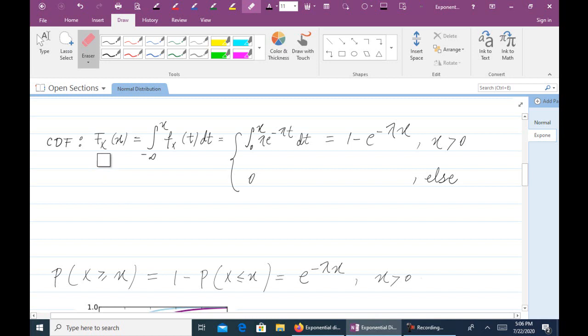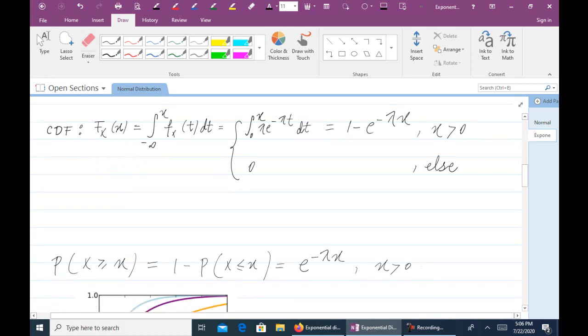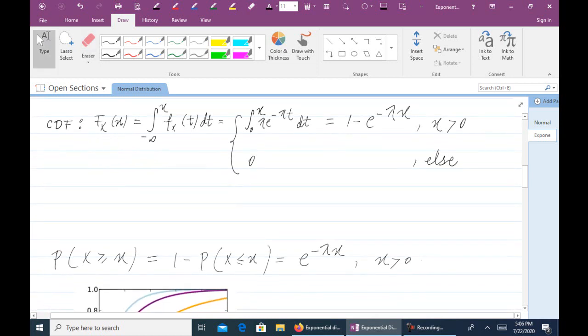Now, the CDF, again, is the probability that the variable X is less than or equal to small x. If I look at the probability that X is greater than or equal to x, that's the same as 1 minus the probability that X is less than or equal to x, which is exactly 1 minus the CDF evaluated at x, which is 1 minus e to the minus lambda x. If I subtract from 1, I get e to the minus lambda x for any x greater than 0.